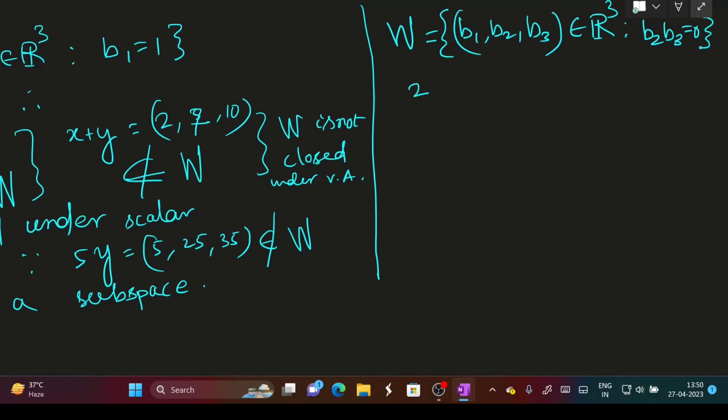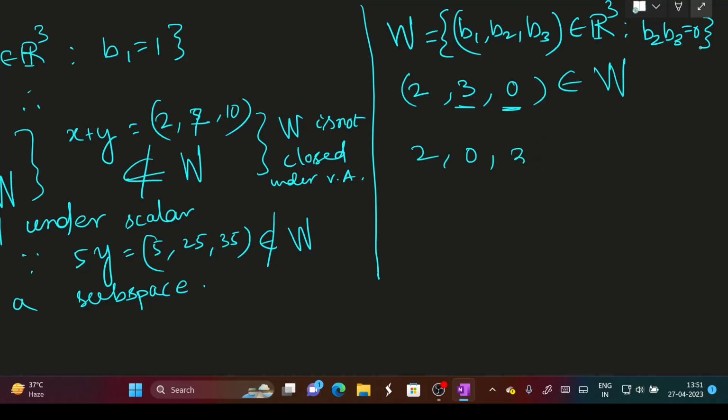Suppose (2, 3, 0). This is an element of W because the product of the last two components is 0. Similarly, (2, 0, 3).